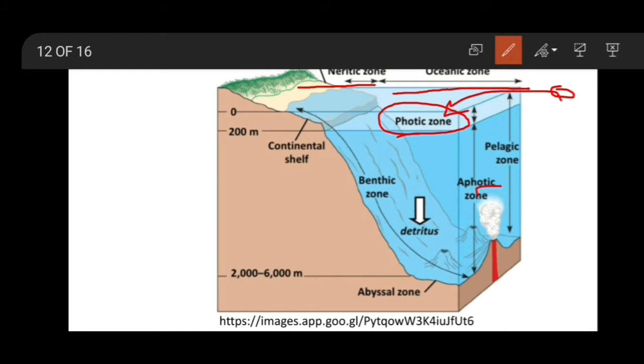The aphotic zone means where sunlight cannot penetrate. Again, the pelagic zone means the upper water layer, and in the pelagic zone phytoplankton can grow. Again, the abyssal zone: this base portion is known as the abyssal zone, right?